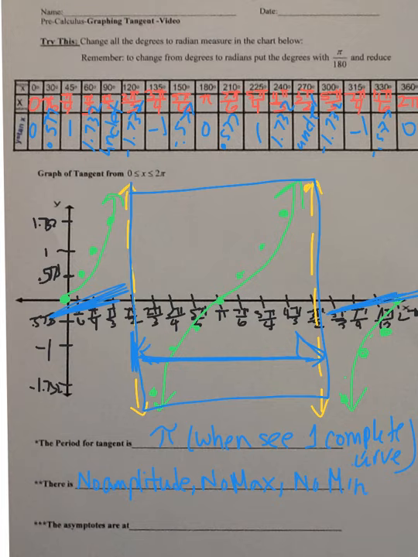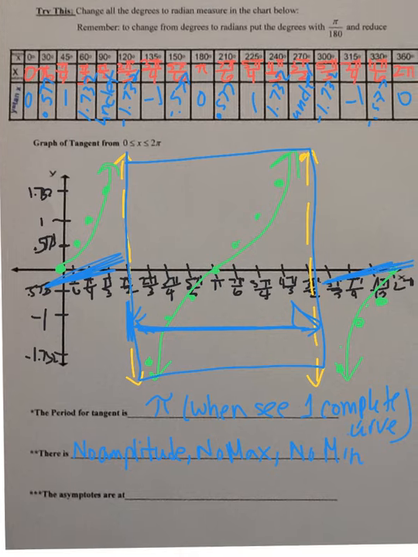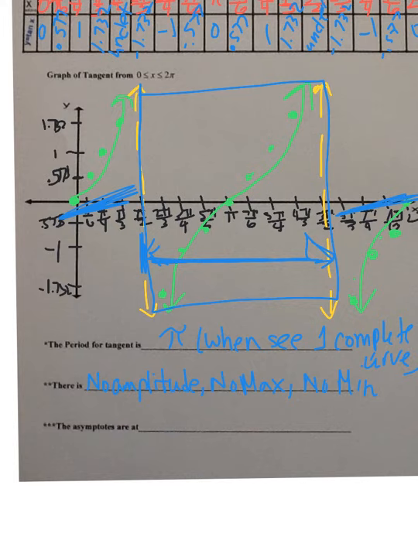Now notice here where the asymptotes are. So your asymptotes here are at pi over 2, that's 1 pi over 2 and 3 pi over 2. If I kept going, I wanted to continue my graph, my next one would be at 5 pi over 2 and then 7 pi over 2, 9 pi over 2.